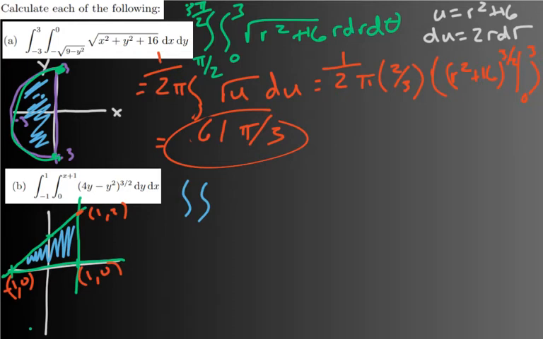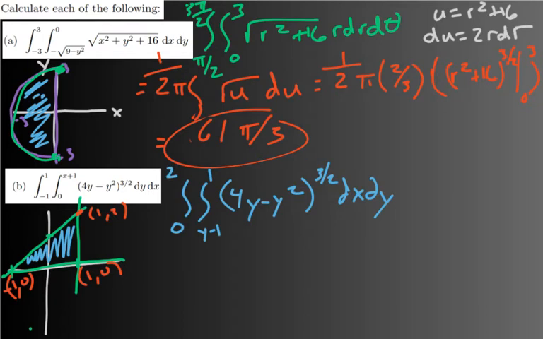Basically, I still have 4y minus y squared, all of that still in there. But if I do dx dy, I just switch the bounds. So x would go from y minus 1 to 1, and then y would go 0 to 2, right?